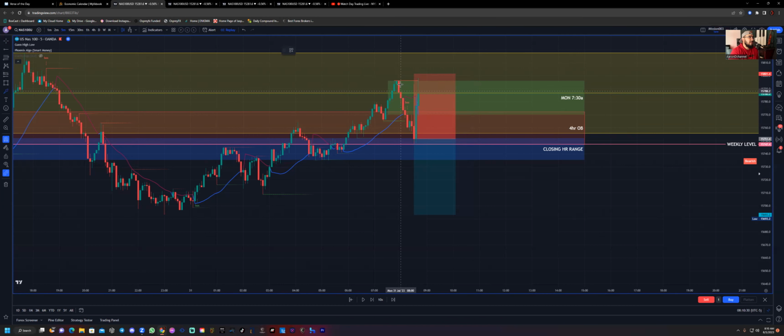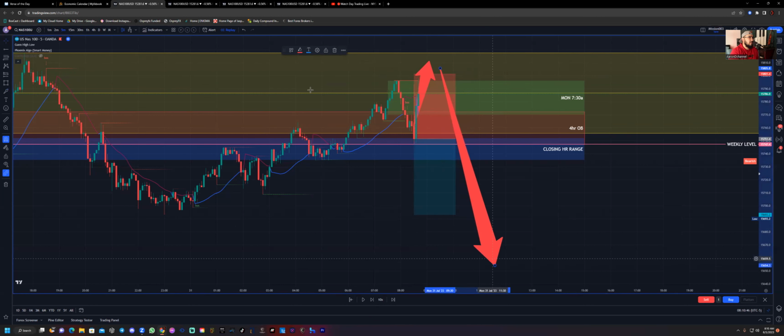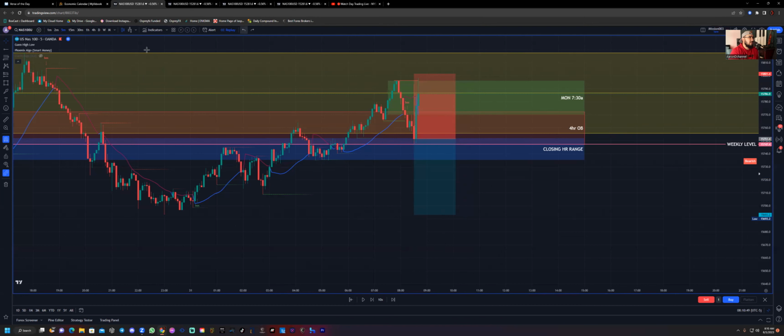We open beneath the 7:30 candle range, and now we're breaking above. So if we break above, we're going to see if it wants to go above to go below. Okay. And so the same is true for the opposite.